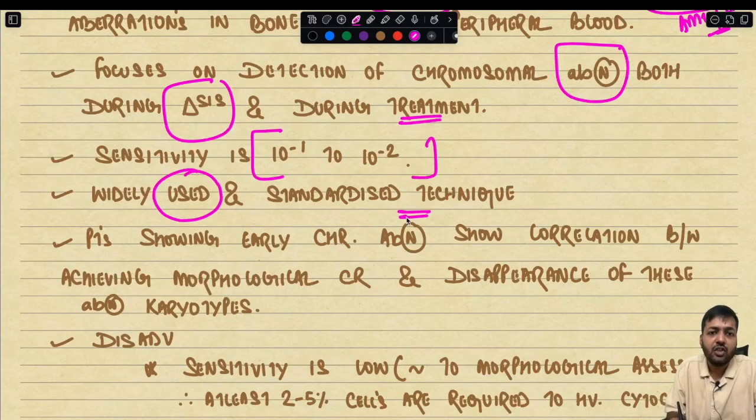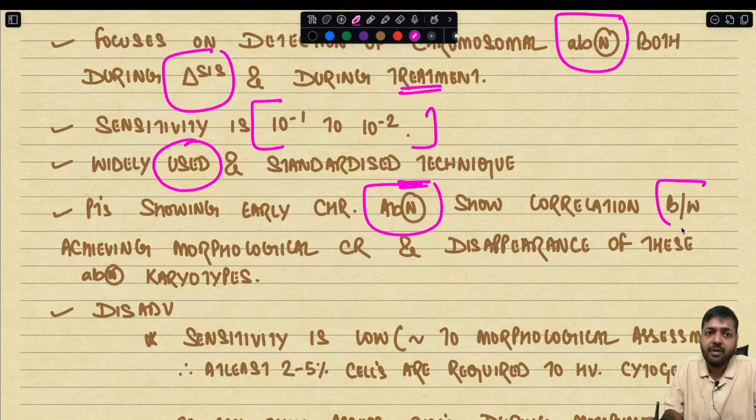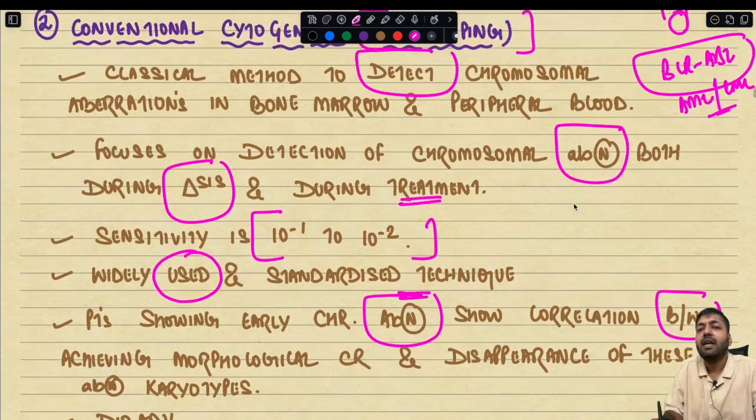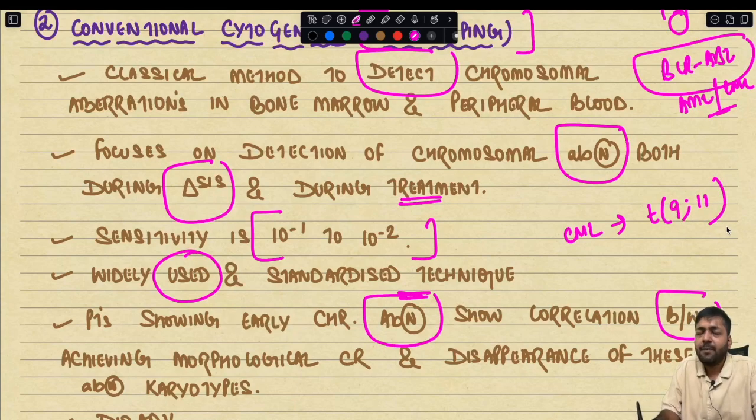Patients showing early chromosomal abnormality show a correlation between achieving morphological clinical remission and disappearance of these abnormal karyotypes. What is the meaning? I will tell you. Suppose there is a patient of CML. They will show a chromosomal aberration, that is translocation, t(9;22), which will be seen. Basically the CML patients show this BCR-ABL fusion gene.